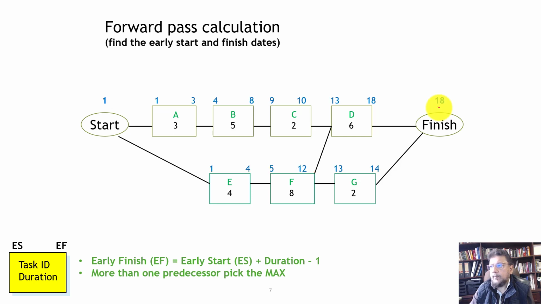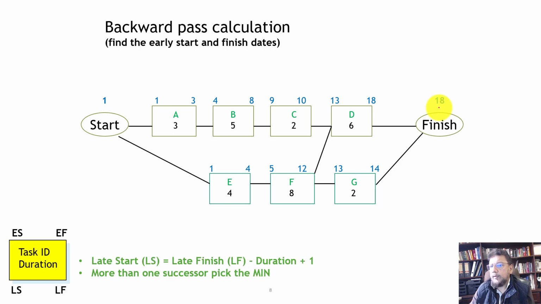Okay, so now let's go to the next step. The next step is we want to do the backward pass. Okay, so for the backward pass, we know that the finish date that we calculated is 18, and that's going to be the same date that we use for the backward pass. Now we put 18 on both these activities because they're connected to this finish milestone.